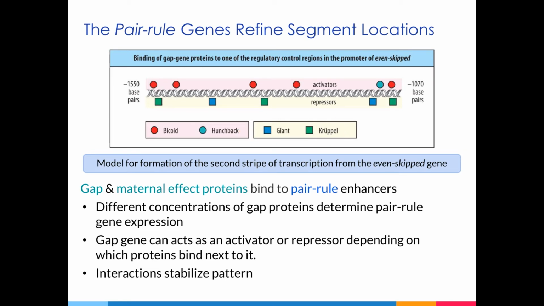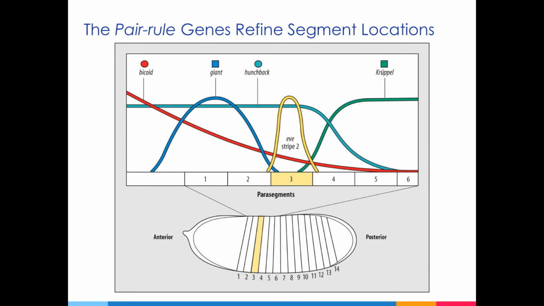Depending on the enhancer, different gap genes will either act as activators or as repressors to a particular pair rule gene in a given region of the embryo. So that means that the same gap gene could function as an activator for one stripe and as a repressor for another.